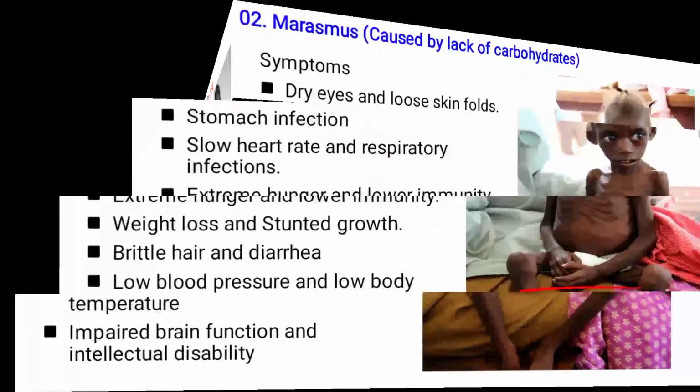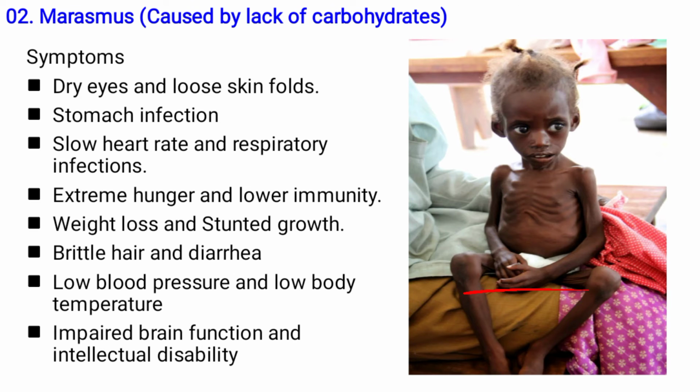Number 2, Marasmus. Marasmus is caused by lack of carbohydrates, and we know that carbohydrates are the most energy-giving food nutrients. This child here is an example of a person that suffers from marasmus. Some of the symptoms are dry eyes.